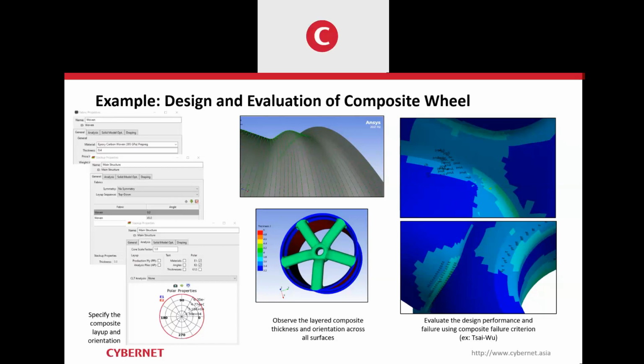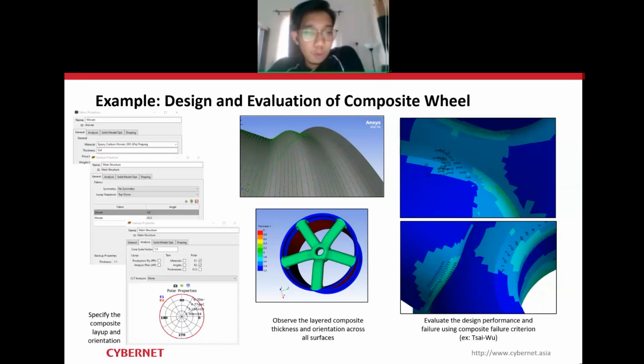Yeah. Okay, let me continue. Sorry about that. So in this case, I specify the fiber orientation of 0 and 45 degrees. Firstly, we can evaluate the strength of the composite layout by analyzing the polar properties of the composites. Afterwards, we can observe the layered composite thickness and also the orientation across all surfaces.